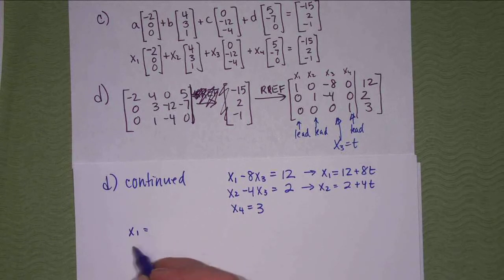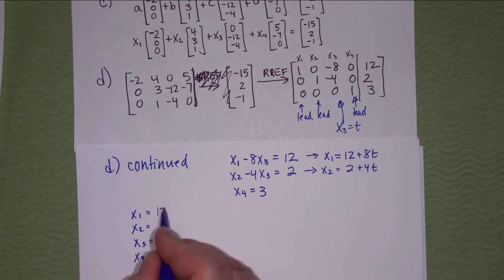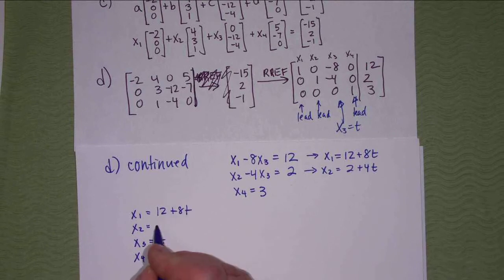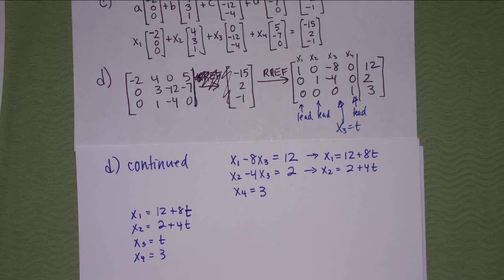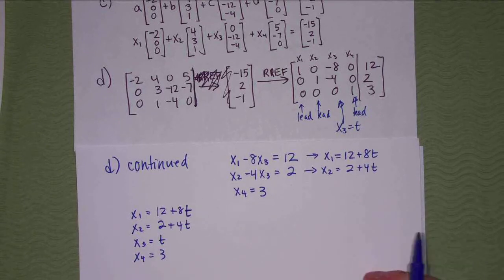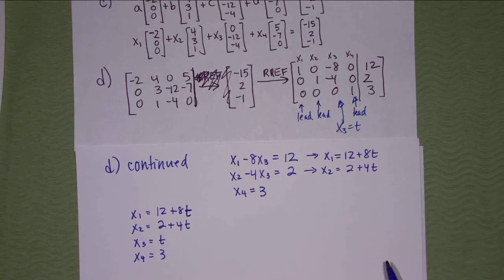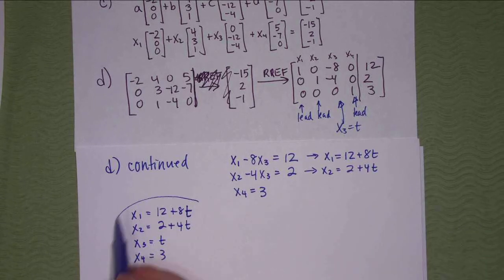And then you'd write out your solution. X1, X2, X3, X4. So X1 is 12 plus 8T and 2 plus 4T. You could write it in vector form. The question didn't specifically say it, so you wouldn't necessarily have to. This is also the parametric form.